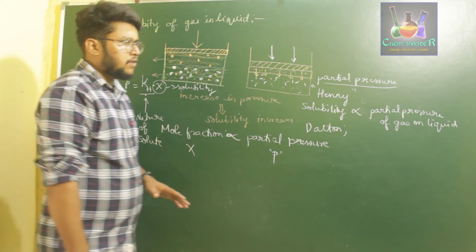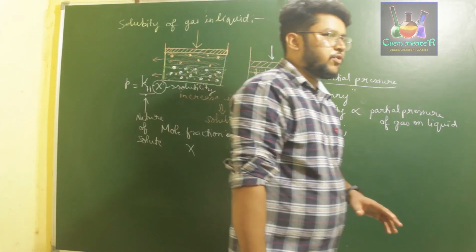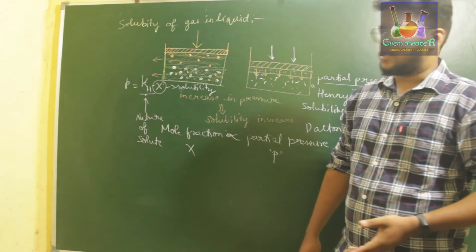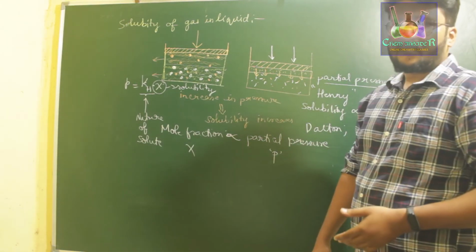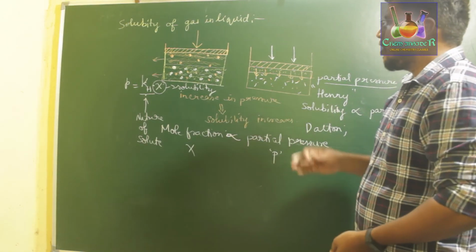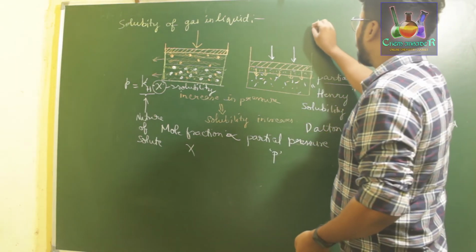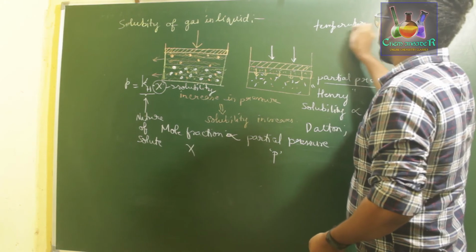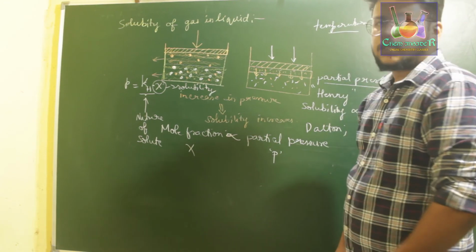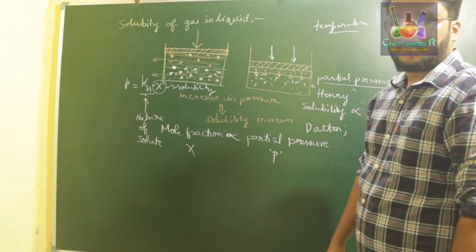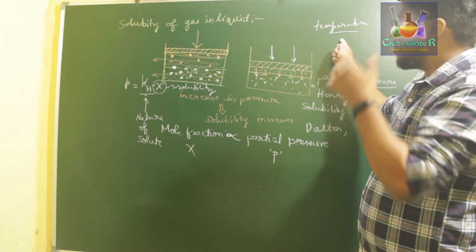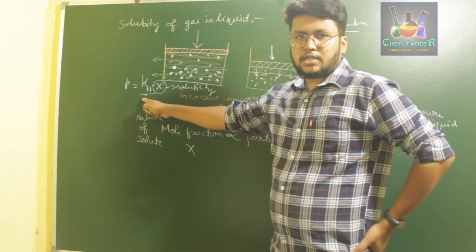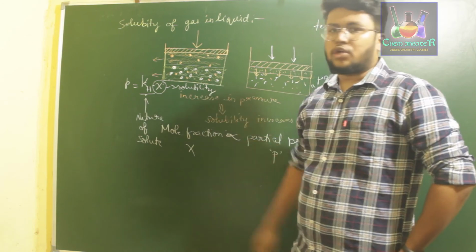So if we consider certain components, let us say for aquatic animals, oxygen present in the seawater, those clearly depend upon temperature. kH is directly proportional to temperature. If temperature is increased, the kH value increases, which results in a decrease in solubility.